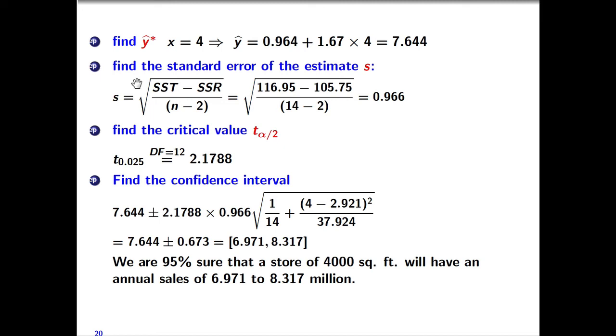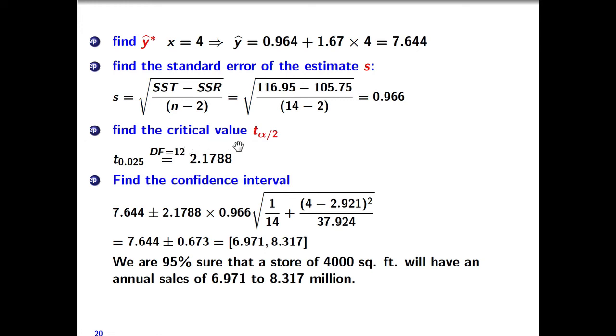Next, we find the standard error of estimate s, which is equal to the square root of SSE over n minus 2, which is SST minus SSR over n minus 2, which equals 116.95 minus 105.75 over 14 minus 2. And that will give us this value, 0.966.